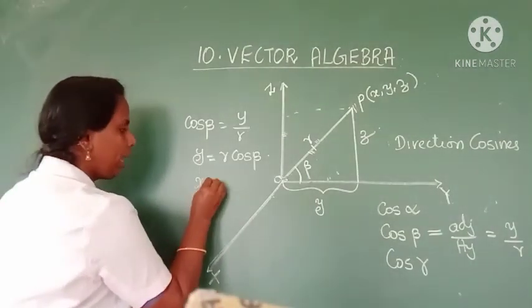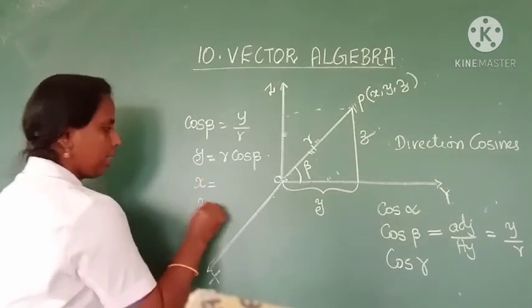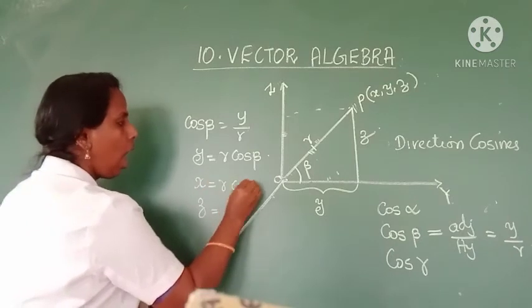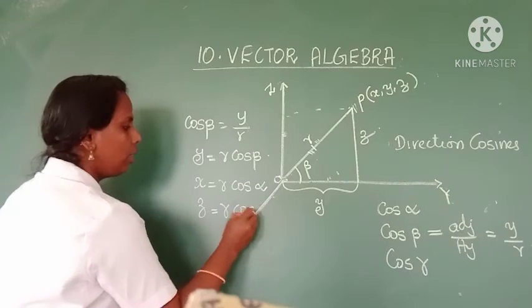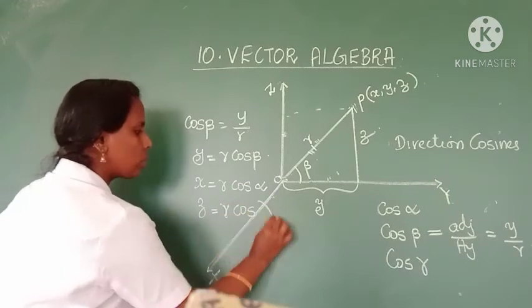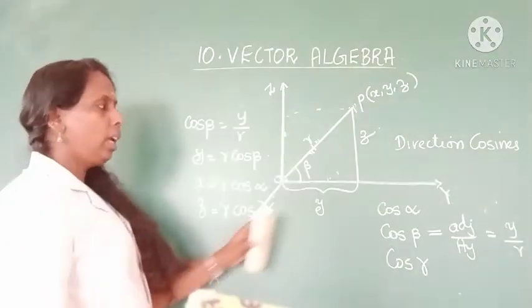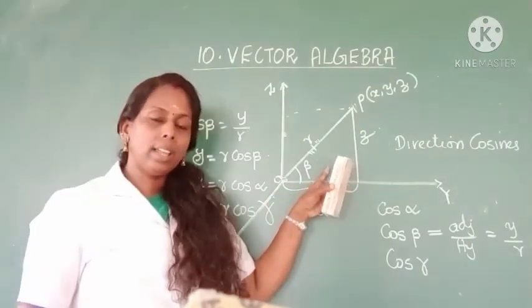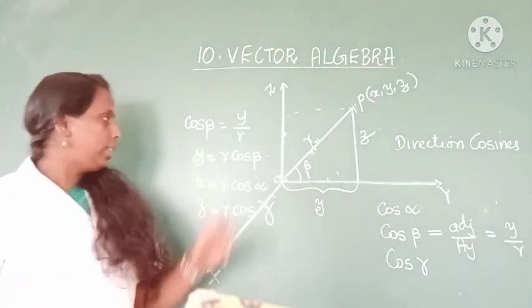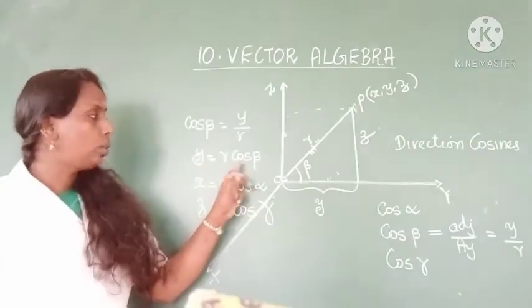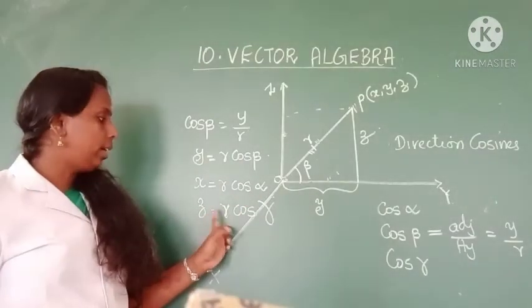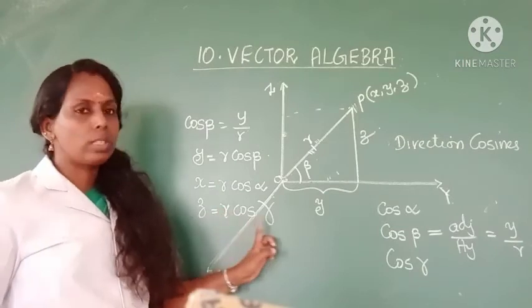Similarly, we can define x and z: x equals r cos alpha and z equals r cos gamma. If we consider separate right angle triangles, we can see that x equals r cos alpha, y equals r cos beta and z equals r cos gamma.